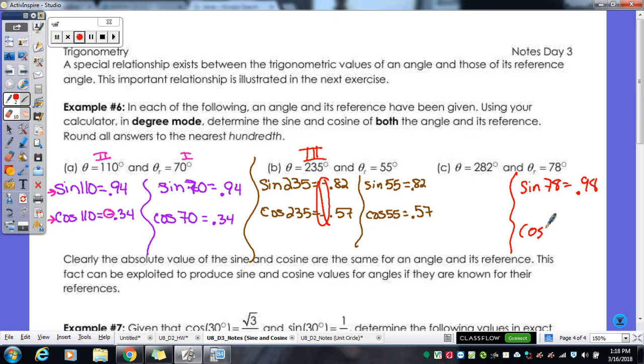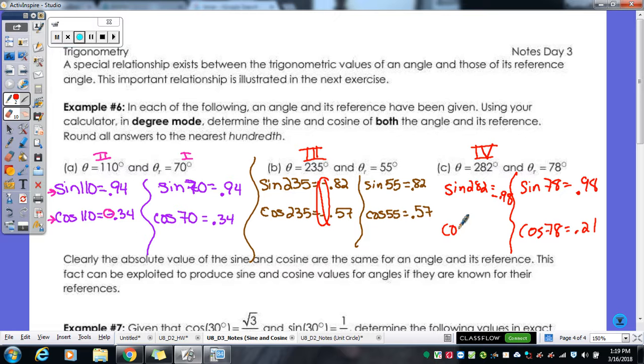And then cosine of 78? 0.21. So now, 282, what quadrant are we in? In the fourth. So in the fourth, our sine should be positive or negative? So we got negative 0.98.